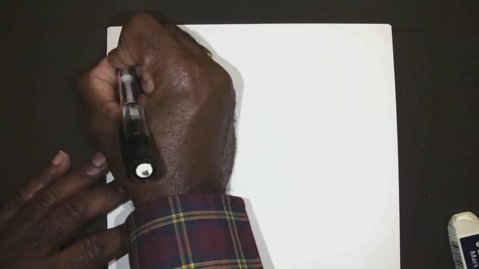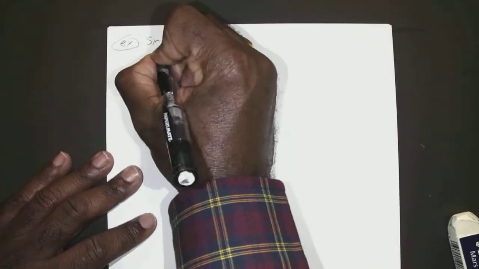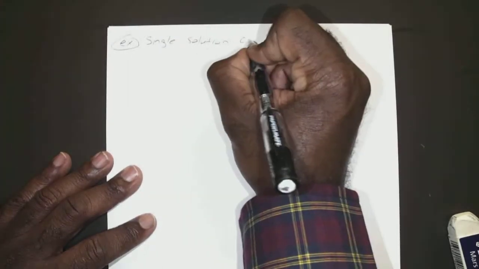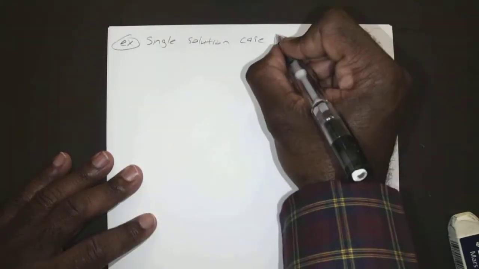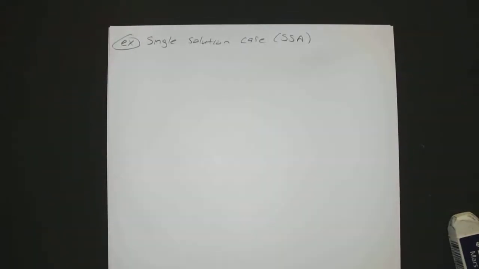So let's say, for example, if you have, this is just a one solution case, which is a side-side-angle.